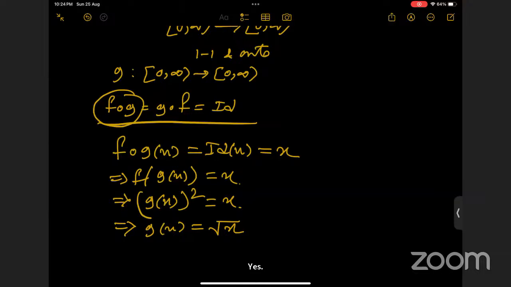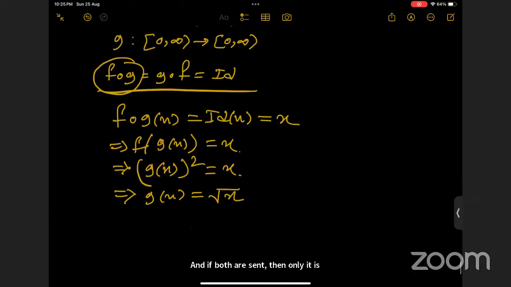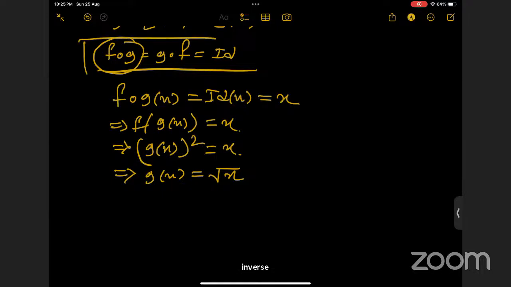Ma'am, in one of the tutorial videos, it was given that we have to find g of f of x also, and if both are the same, then only it is an inverse. Yeah, that is why I wrote this condition, right? Both are the same. Yes. Ma'am, but in our case, if we don't restrict the domain, then this won't be an inverse, right?